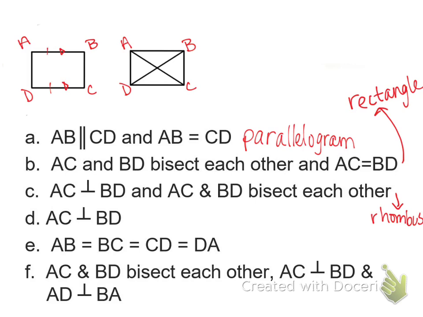What about letter D, where all we know... So on the front, I know some people want to say rhombus, but for a rhombus, we were proving that a parallelogram is a rhombus. Does that make sense?